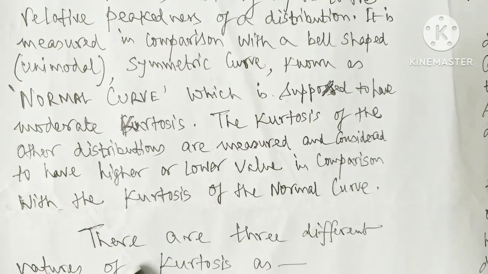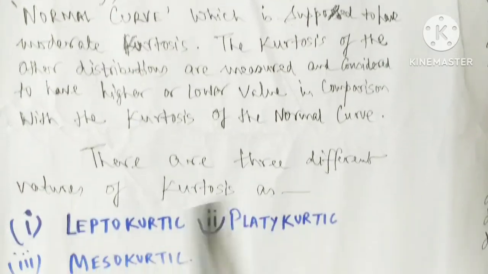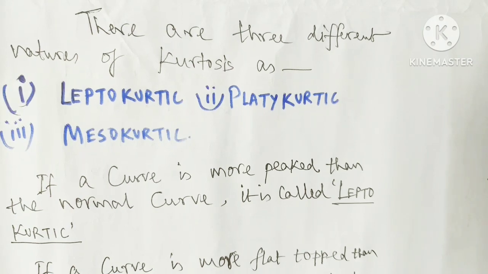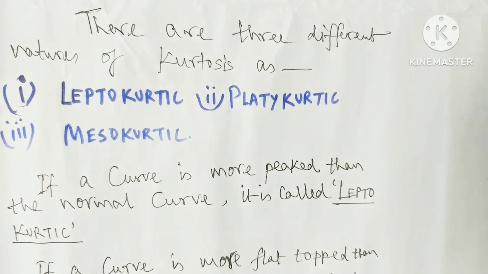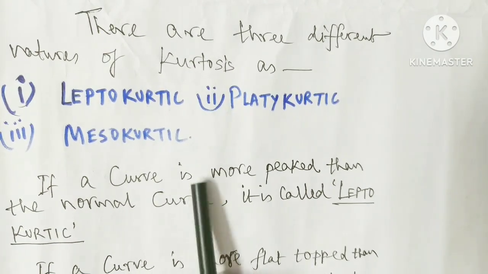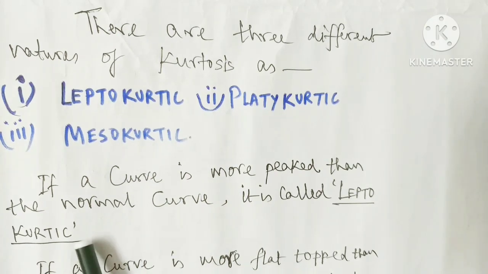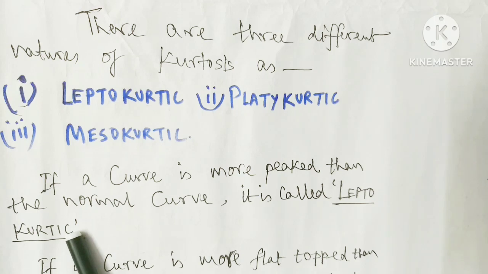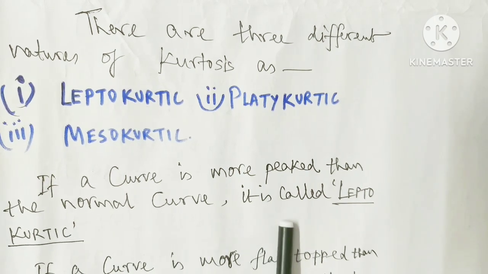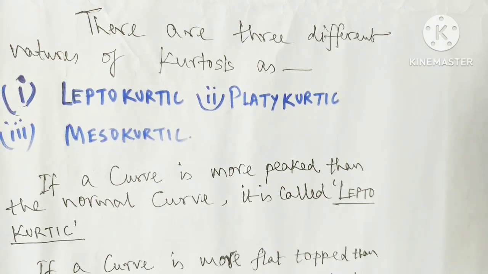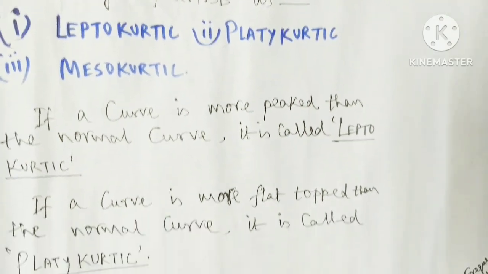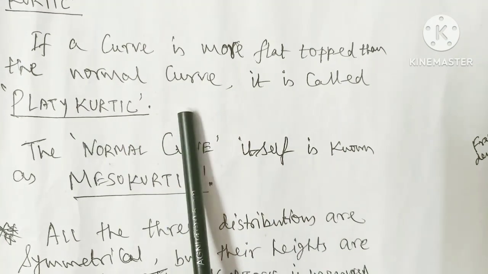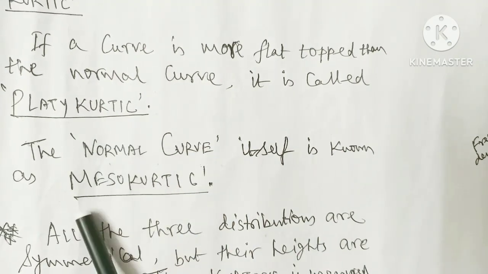Now we discuss the three different natures of kurtosis: number one, leptokurtic; number two, platykurtic; number three, mesokurtic. If a curve is more peaked than the normal curve, it is called leptokurtic. If a curve is more flat topped than the normal curve, it is called platykurtic.